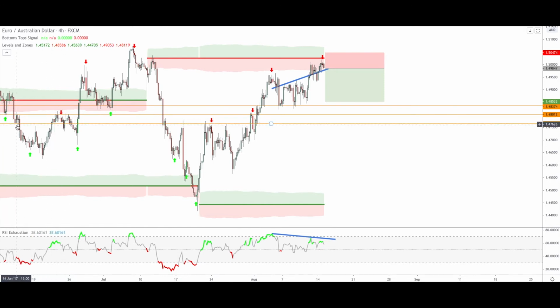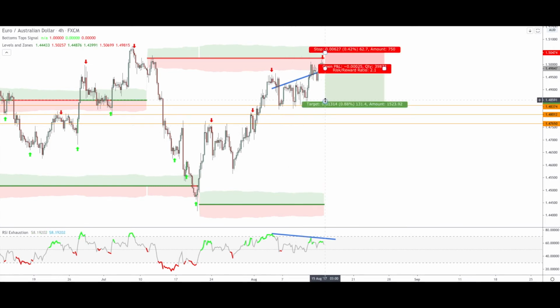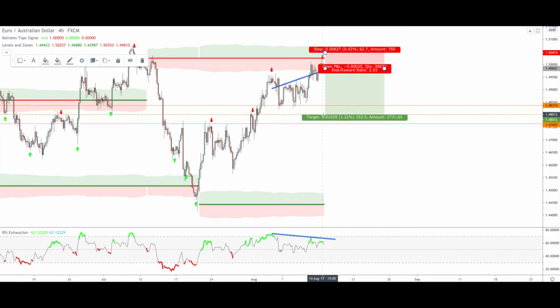You see, it's a very interesting level, this one. So if we want to be extremely conservative, we can place our target about here. If you want to be a bit more optimistic, we can set it here.